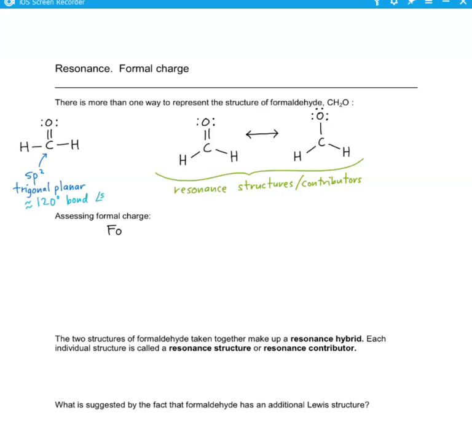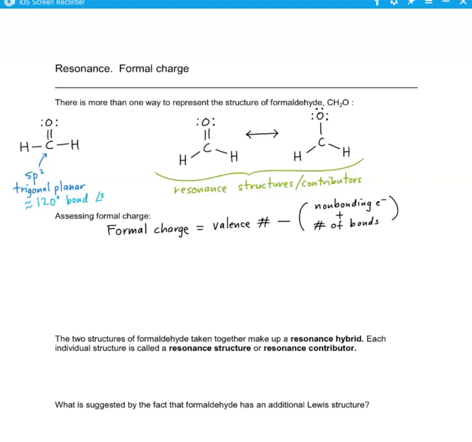The formal charge on a particular atom we calculate by taking the valence number of the atom, and from that, we're going to subtract all the non-bonding electrons on the atom, so any electrons that are on the atom that are not involved in bonds, plus the number of bonds to the atom. That gives us the formal charge.